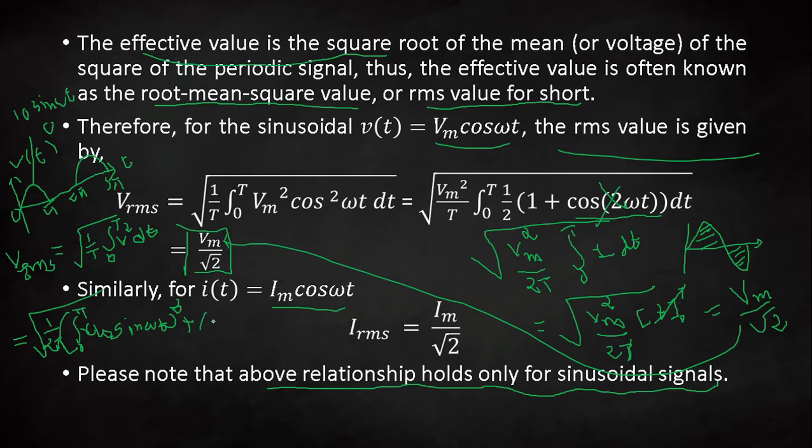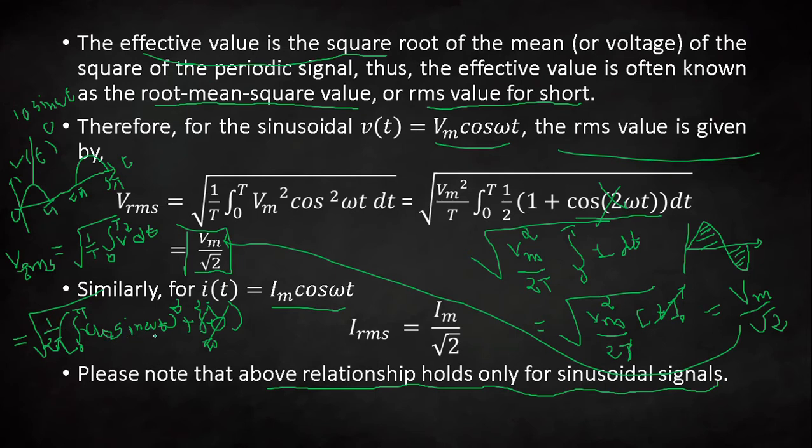So you can take the integration for pi to 2 pi of the square of 0 dt, but it will be 0 only, so we don't have to consider that value. If you simplify this equation, 10 is constant, so take it outside.